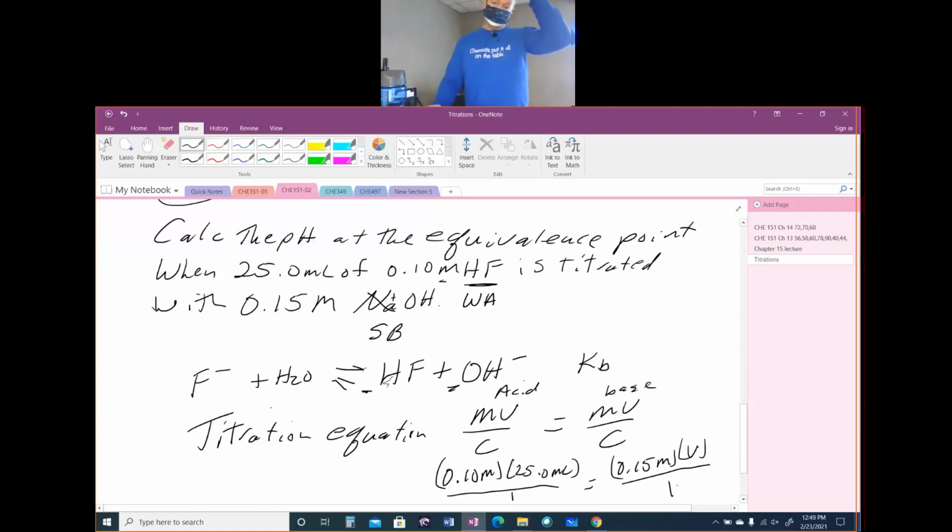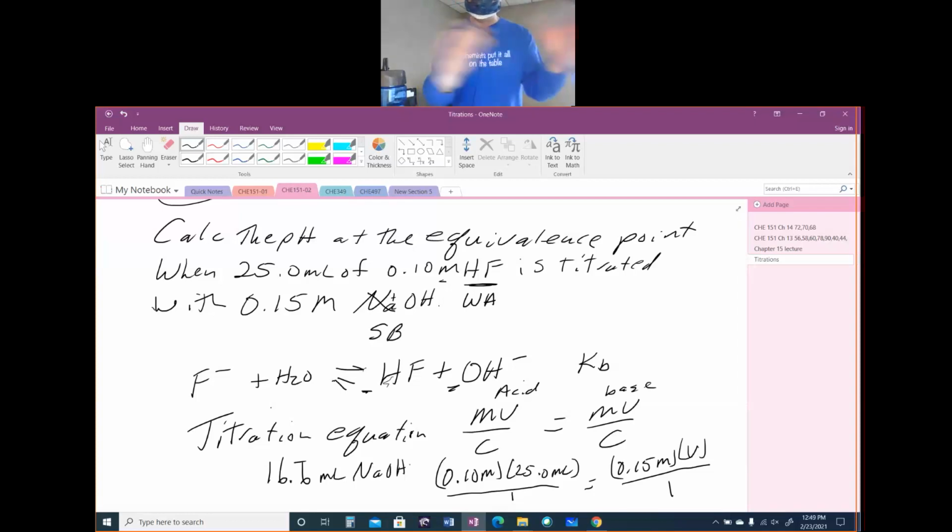So to solve it, you simply divide both sides by the 0.15 molar, and you get 16.6 repeating of your NaOH. Again, I don't round numbers when I'm doing this until I am finished at the end. Then I give the sig figs. I carry all my numbers along with me.